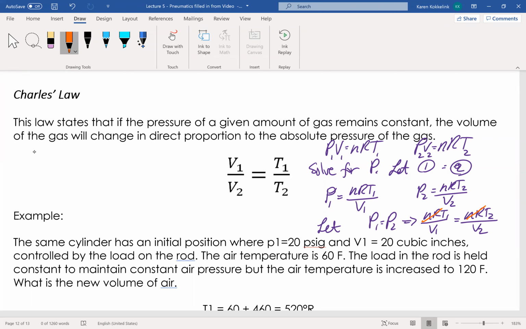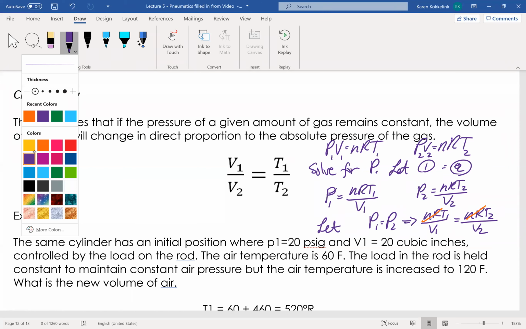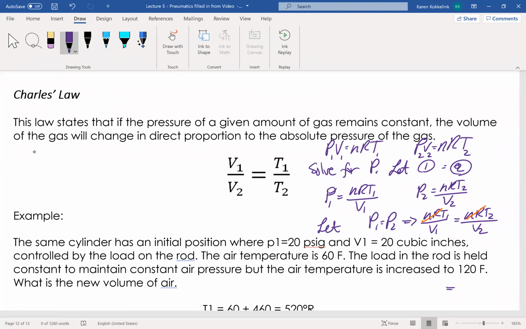But it looks like Charles' law is usually expressed differently, so let's just rearrange this. They want the V's on one side. So that's V2 over V1 is equal to T2 over T1. And that's opposite to what I put in the lecture note here, so I can just easily flip those.